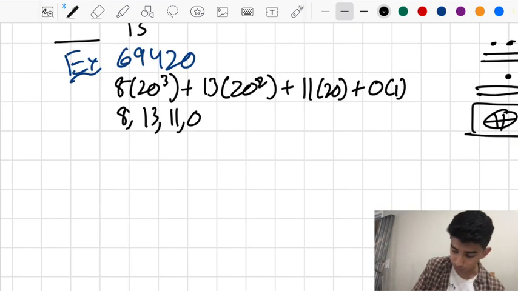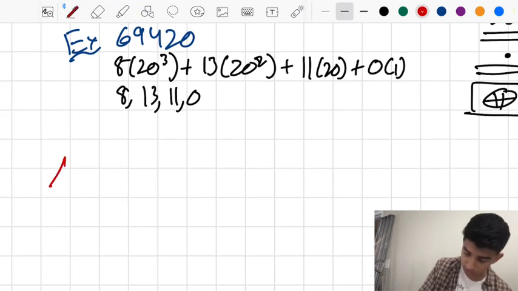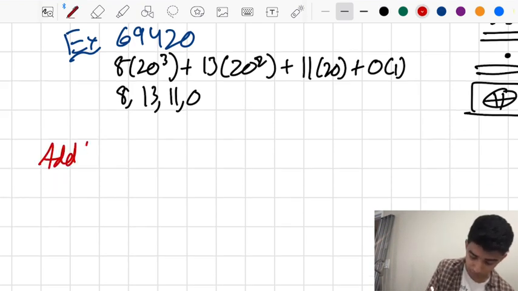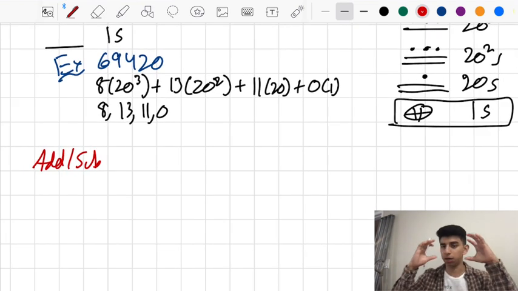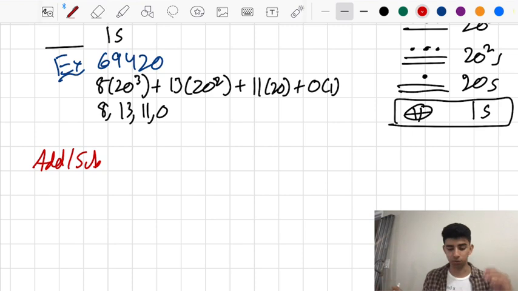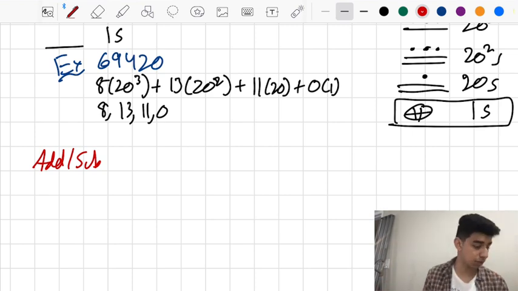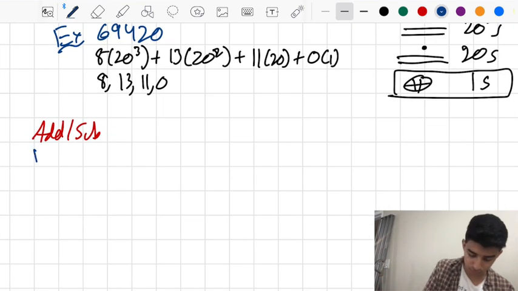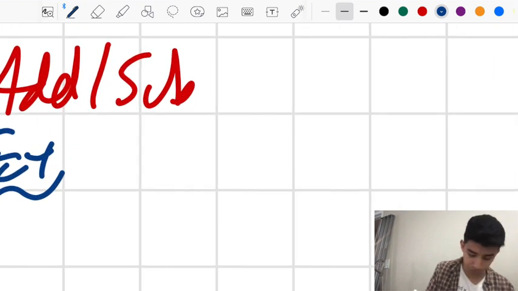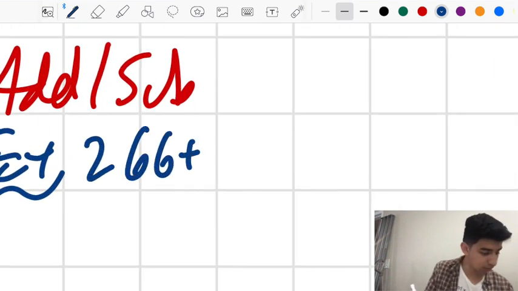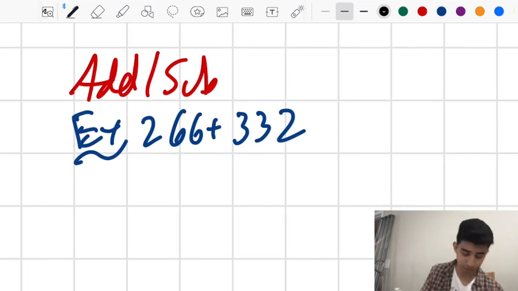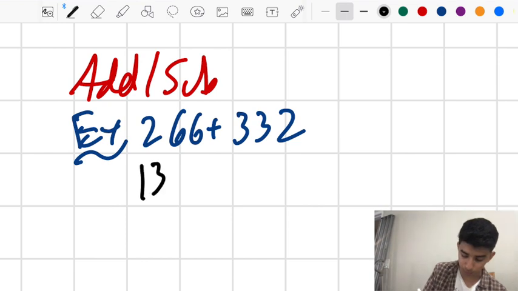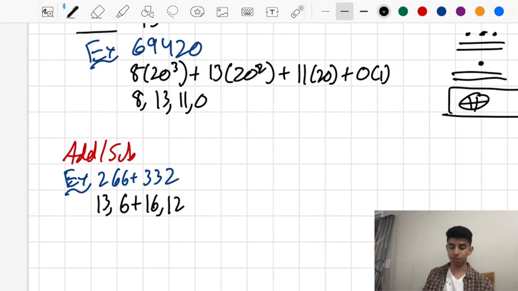Next, I do want to get into addition and subtraction, which worked very similarly and very intuitively, where we just had our two numbers written in Mayan form and added from bottom to top and carried when we needed to. So an example I want to use is 266 plus 332, which translated into Arabic numerals would just be that.